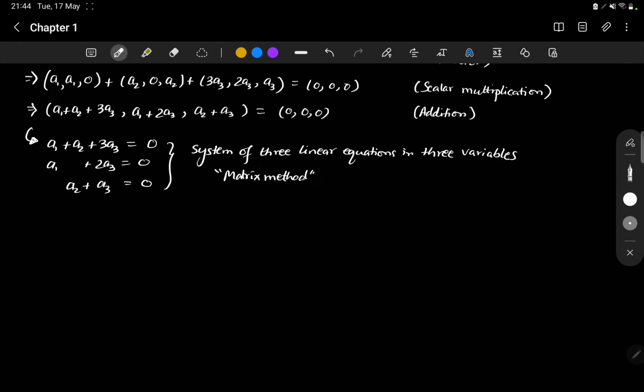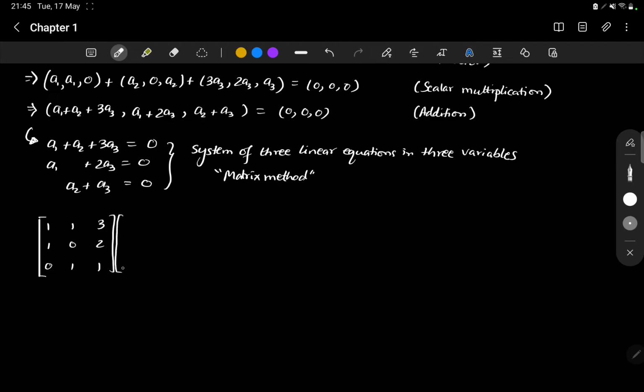So let us form the matrix of the coefficients of these variables. The matrix of the coefficients corresponding to a1, a2, a3 would be 1, 1, 3, 1, 0, 2, 0, 1, 1.